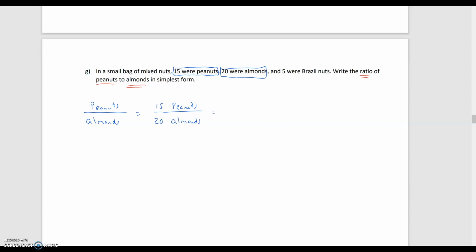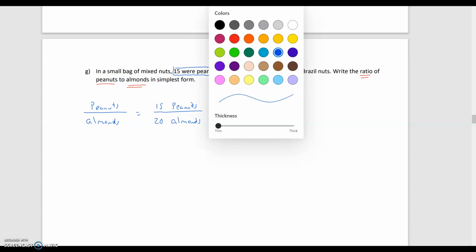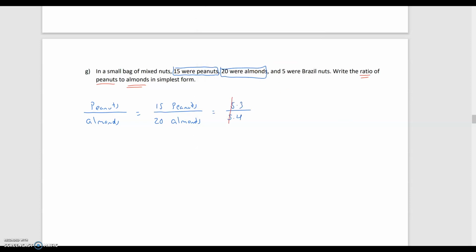And then let me reduce it. So technically 5 times 3 over 5 times 4. So the 5's cancel, and then we can rewrite the actual ratio as 3 peanuts to 4 almonds.